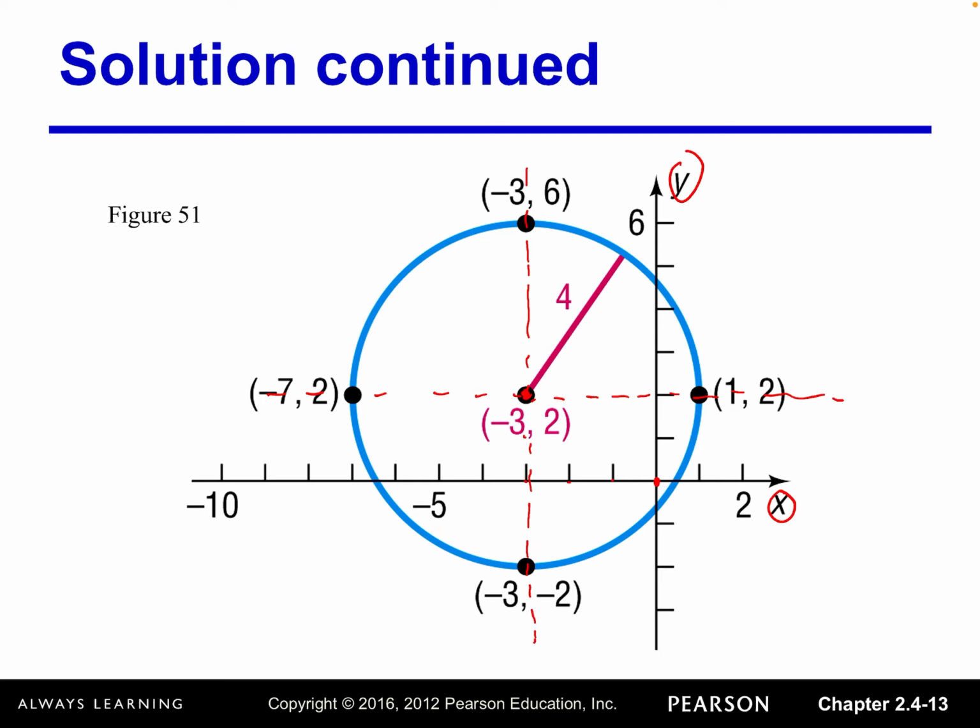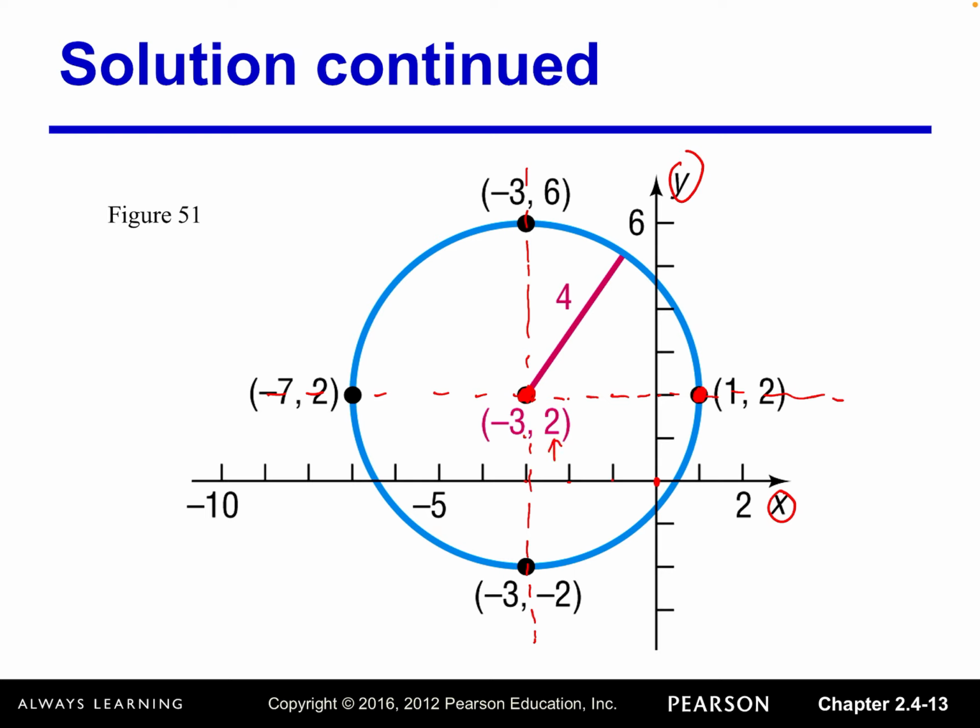Starting from the center of the circle, we add 4 units, because we know the radius is 4. So from here, add 4 units to the right. 1, 2, 3, 4. So this point must be the most right point on the circle.